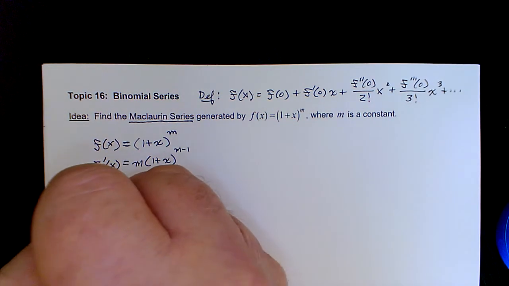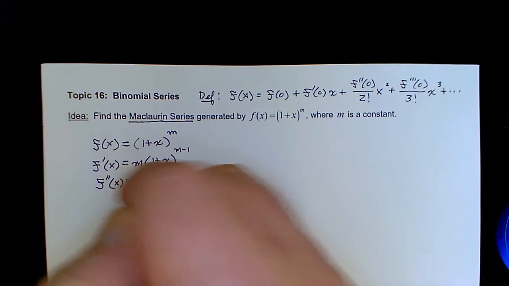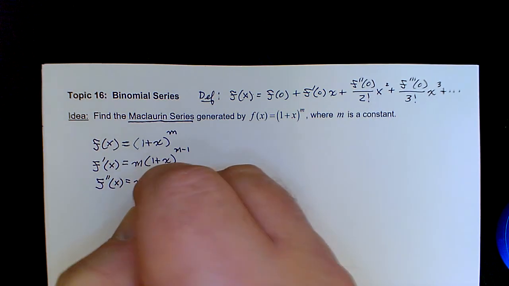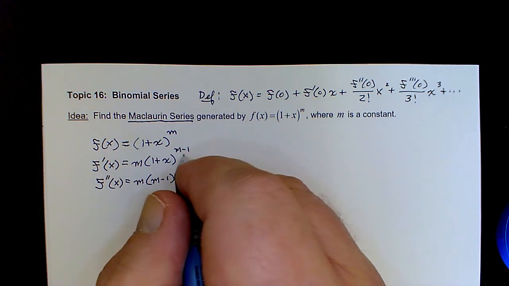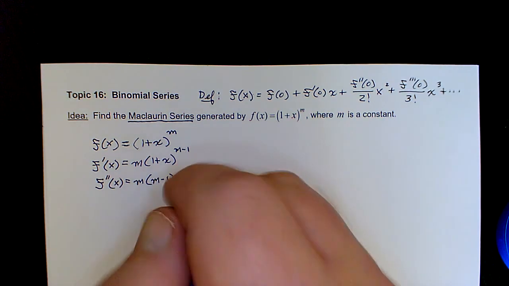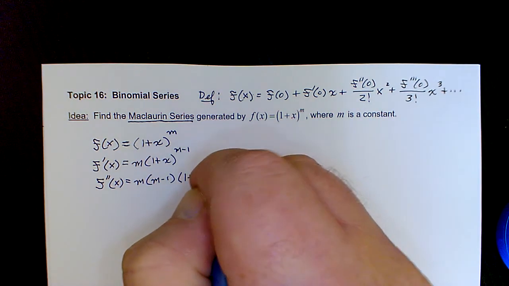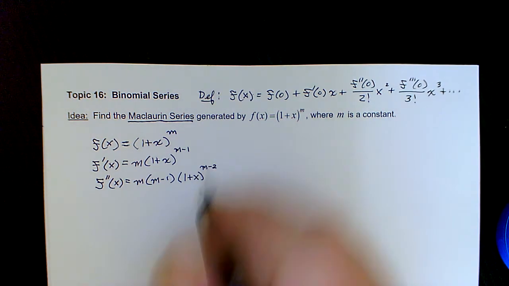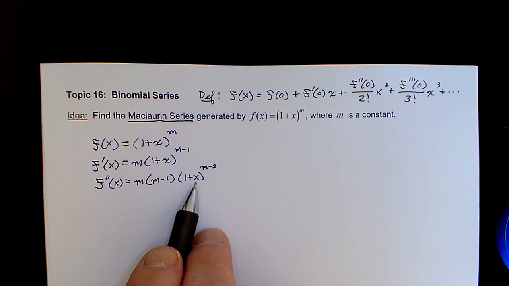Then we'll need the general power rule again. So f double prime of x would be m, because m is just a constant, a constant multiple that tags along, and by the general power rule again, swing down the m minus 1 times that same quantity, 1 plus x, to the power 1 less, m minus 2. Again, the derivative of what's inside is just the derivative of x, which is 1.